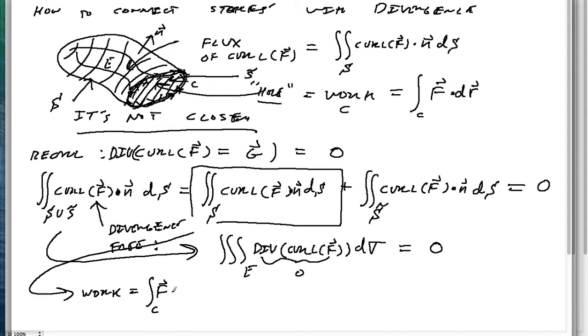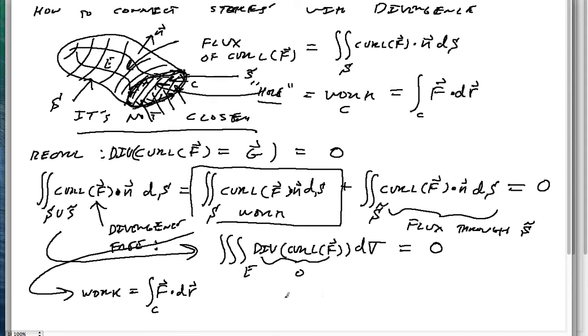Of our force field, dr. So that was that. So here's the work, and here is the flux through what we can call the region S tilde. So it's the flux of our curl vector through there.